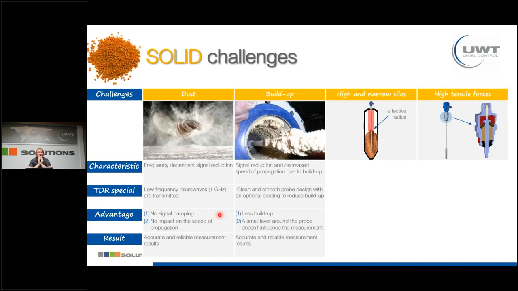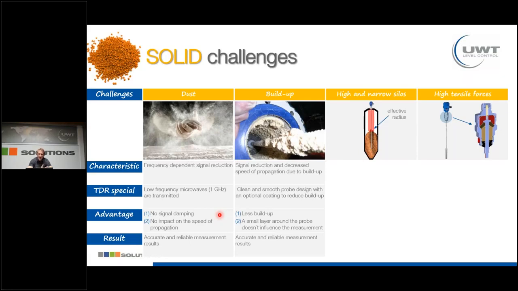Build-up. What is the effect of build-up? Build-up reduces the signal strength because it dampens the energy, and it also decreases the speed of propagation. So build-up should be avoided around the probe, and what we do is we have a special probe design, so it's really, really clean and smooth to not get any build-up around the probe, or to make it more difficult for build-up to form around the probe.